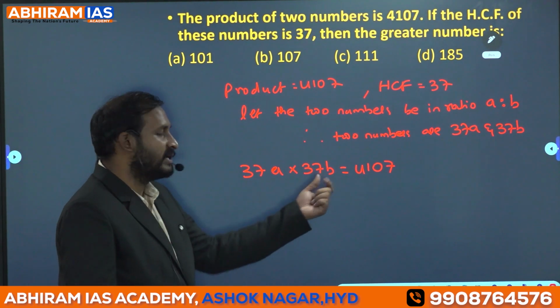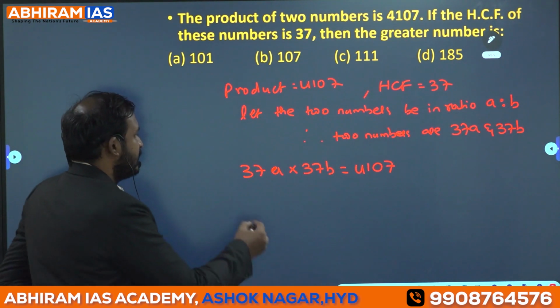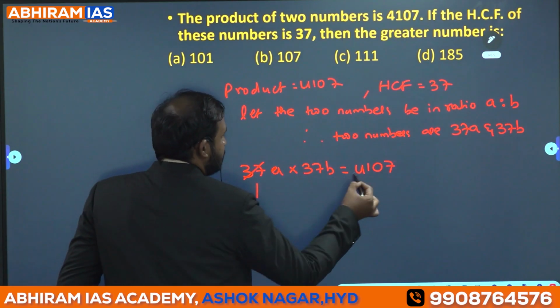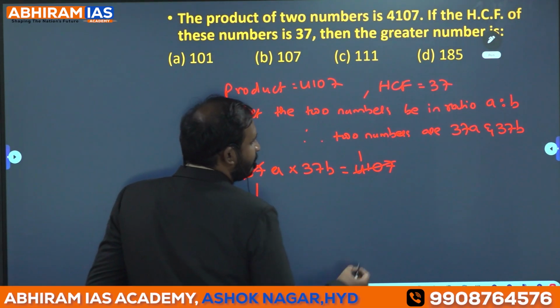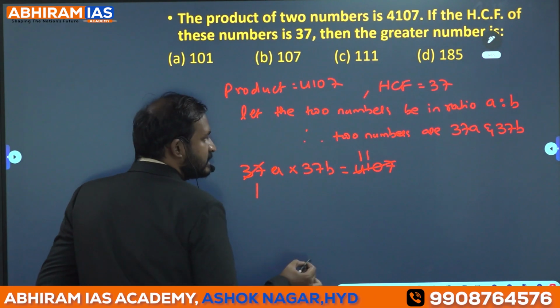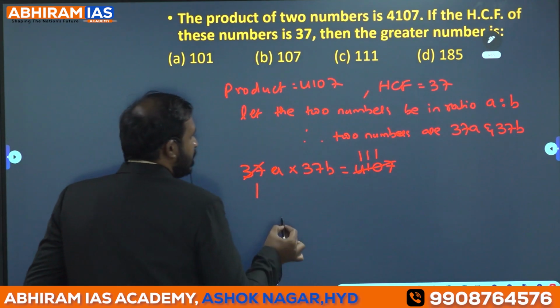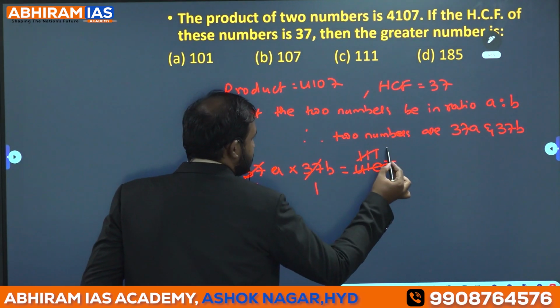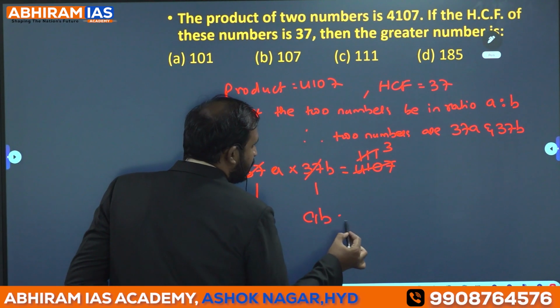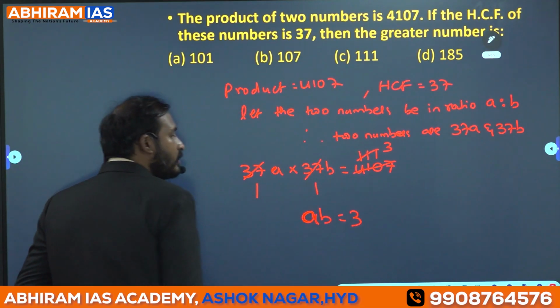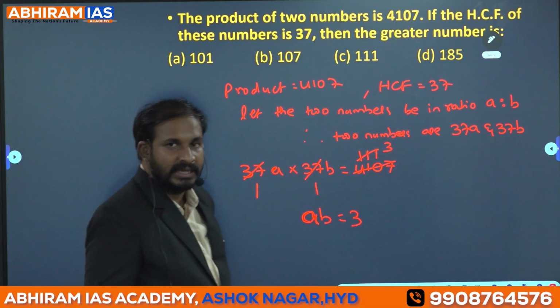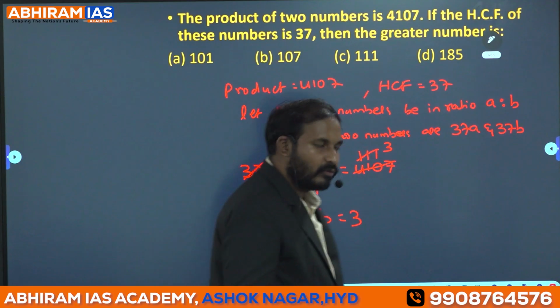That means definitely these numbers will get cancelled. So 37 ones are 37, I will be left with 40. 1 time is 37, I will be left with 3. So 1. Next, 37 ones, 37 threes. So AB value what I got here? 3. Sir, we came to know that AB value is 3.